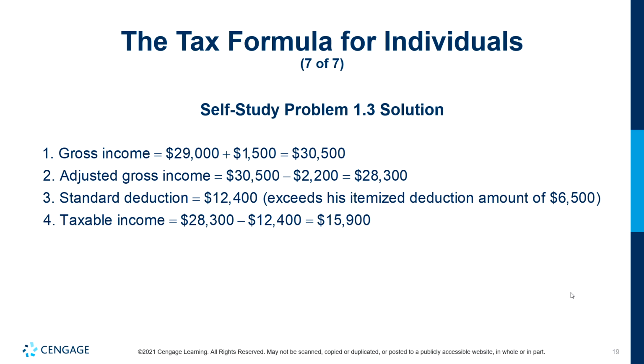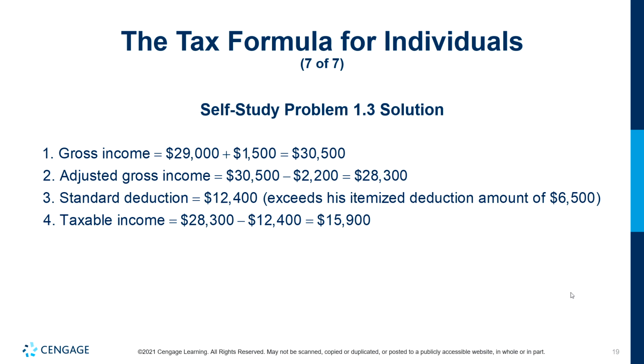Remember, we file interest income on Schedule B if it's $1,500 or above, which ports over to the 1040. So his actual gross income is $30,500.